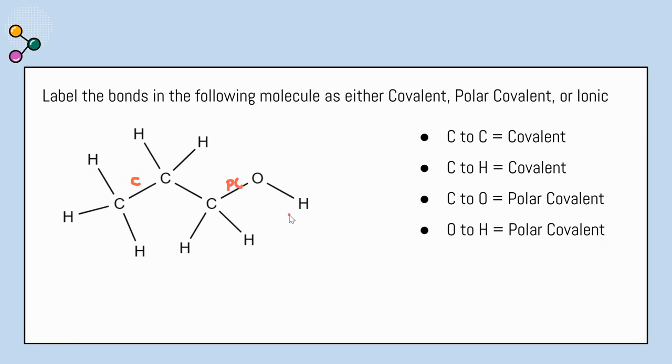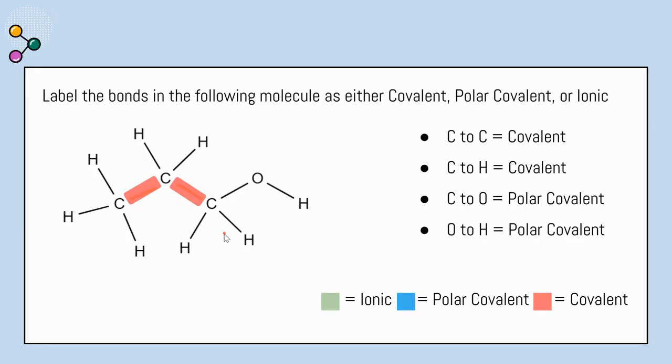But I have a slightly better way. If I create a key with a couple different colors, I can label these bonds as their colors. I can just highlight them. Carbon to carbon, we said it was covalent, so these two spots here, I'll label those as covalent bonds. Our carbon to hydrogen, all 7 of them on this side of the molecule are also covalent.